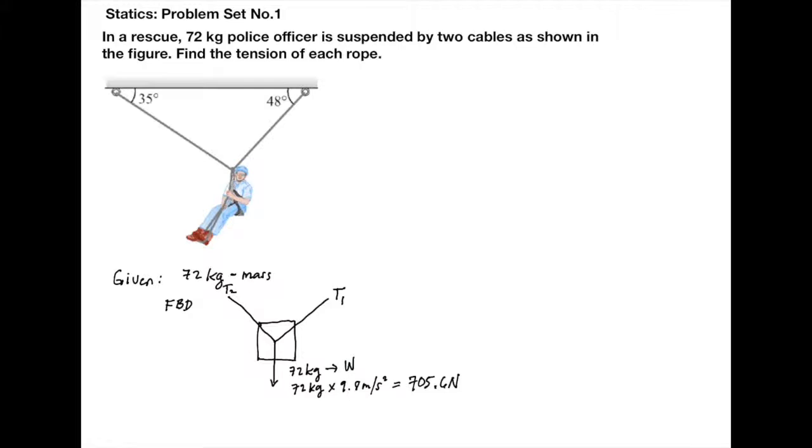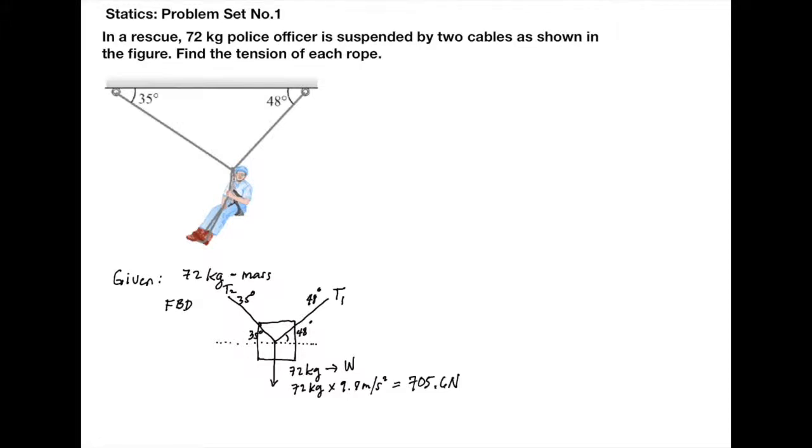Now, if the tension 1 is 48 degree, somewhere here, we could take note that by the use of alternate interior angles, this angle will also represent 48 degree. Same with this, that if we have here a 35 degree, this angle will be represented as 35 degree.